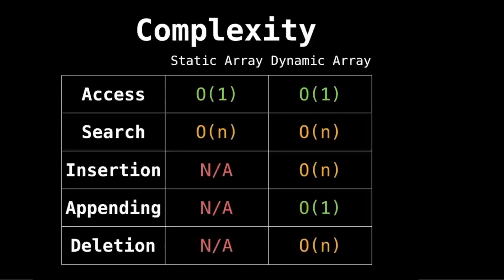Well, when we append elements to a dynamic array, we have to resize the internal static array containing all those elements. But this happens so rarely that appending becomes constant time. Deletions are linear for the same reasons that insertions are linear. You have to shift all the elements over and potentially recopy everything into your static array.